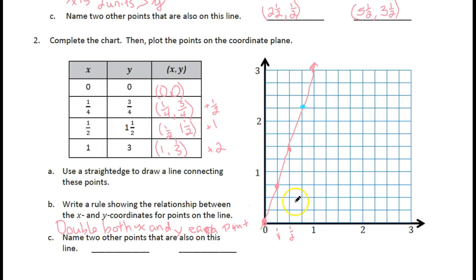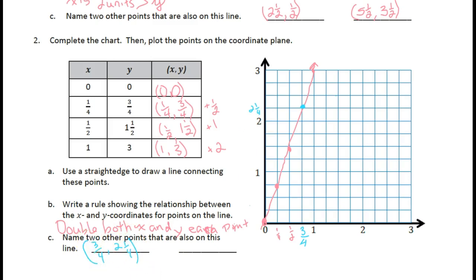And so that point is 3/4, 2 and a fourth. 2 1/4. Comma, 2 1/4, parentheses, right?